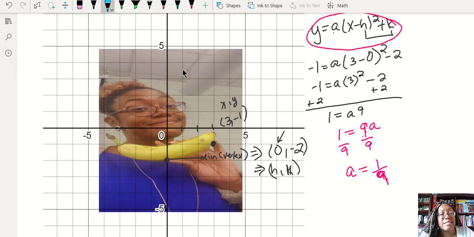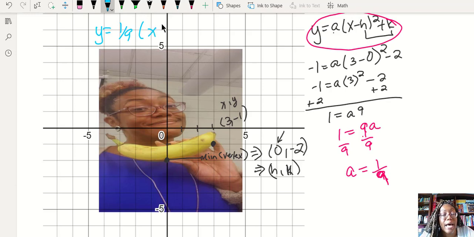So I can say from my banana parabola that I have here, my formula, or my quadratic function in vertex form, would be y equals 1/9 times, A, not A, times (x, what's my H?